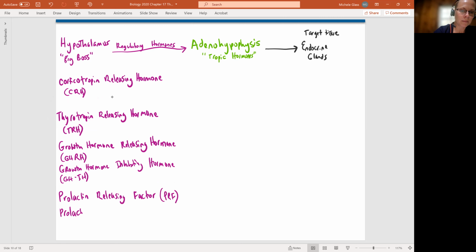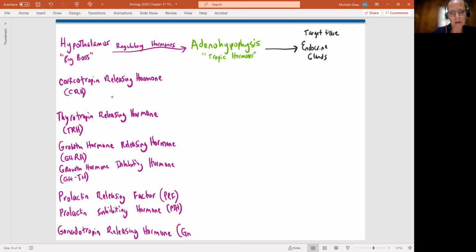Prolactin inhibiting hormone, which is going to be PIH. And then the last one is called gonadotropin releasing hormone. And this one is abbreviated big G, little n, and then big RH.